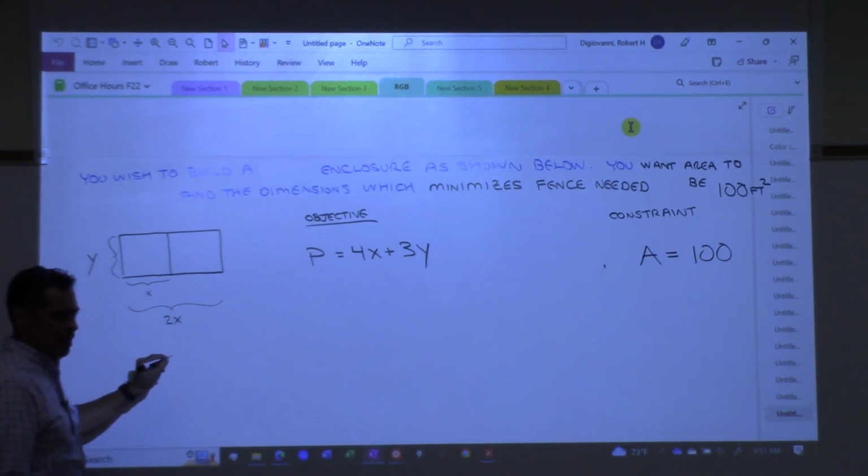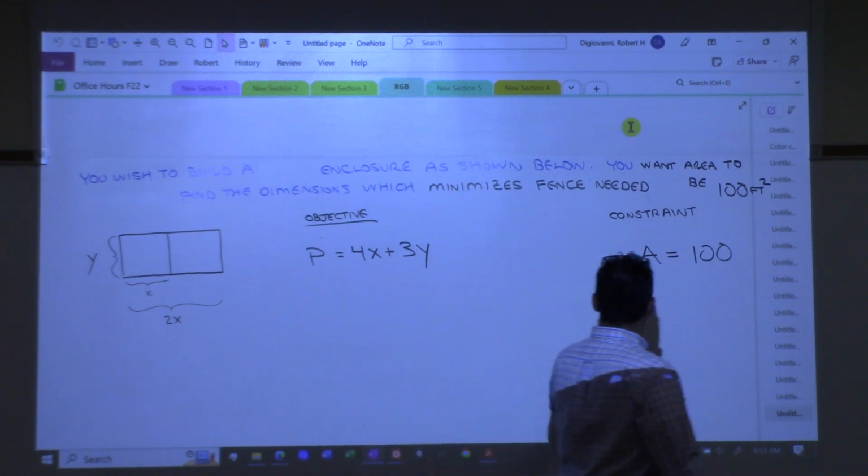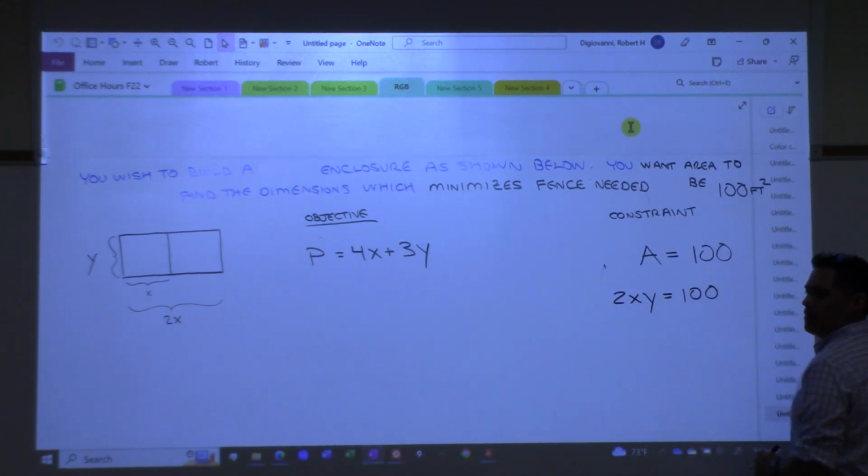Not x squared, 2x, because you're adding x plus x, 2x. And this side is y. So 2x times y is 2xy. So 2xy must be 100. You have any questions? How many of you had that much? A few of you? Okay. What now?